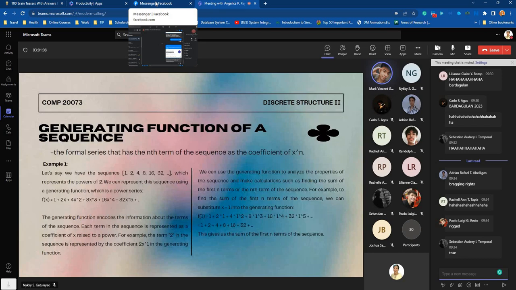We can use the generating function to analyze the properties of the sequence and make calculations, such as finding the sum of the first n terms or the nth term of the sequence.